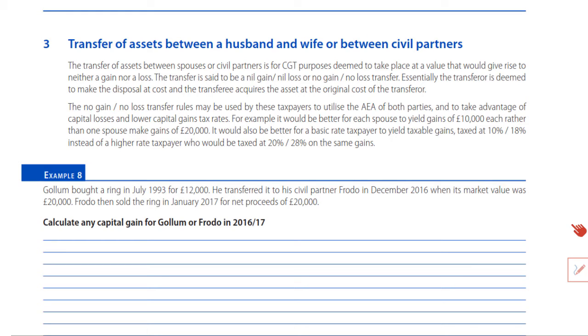And the simple answer to that is no. The rule: the transfer of assets between either spouses or civil partners is for CGT purposes deemed to take place at a value that would give rise to neither a gain nor a loss. It's said to be, and you can use either of these terms, a nil gain, nil loss transfer, or as I will use from now on, a no gain, no loss transfer.